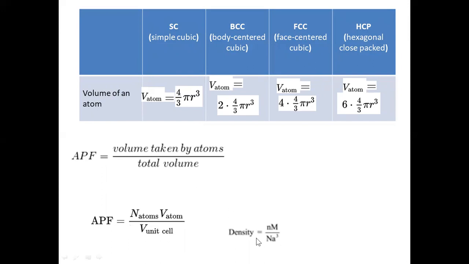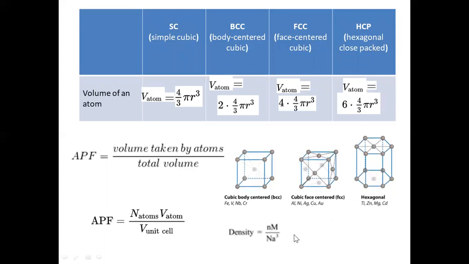Now, the density of a unit cell is equal to n, the number of atoms, multiplied with M, the atomic mass of a metallic element, all over N_A, Avogadro's number, 6.022 times 10 raised to 23 atoms per mole, and a here is the side length, cubed.